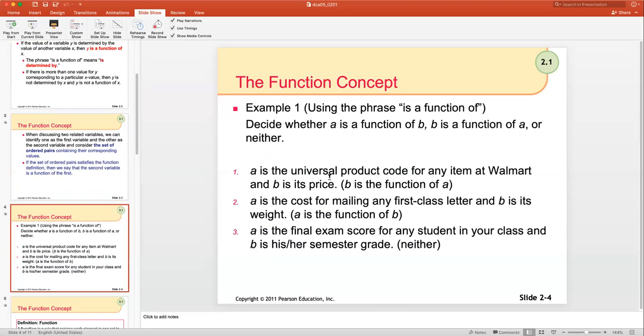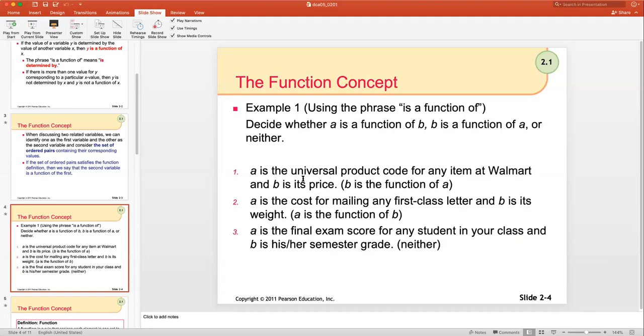So we have to figure out whether A is determined by B, B is determined by A, or neither. Using just common sense, the product price should be determined by the barcode, so B is a function of A.